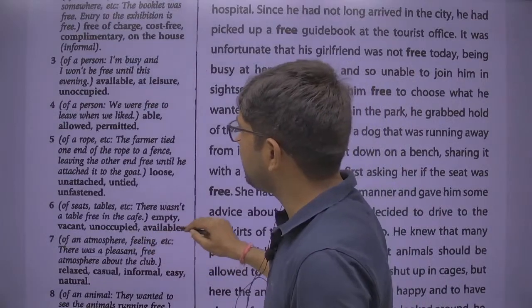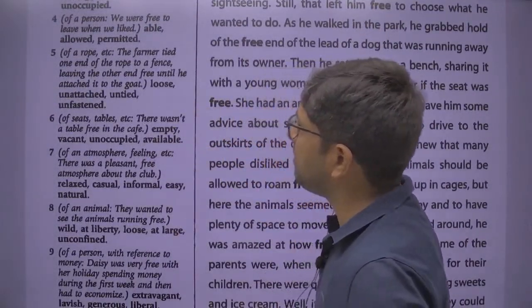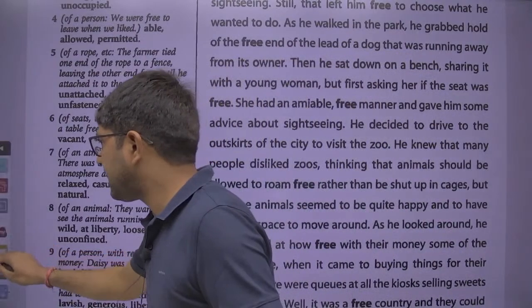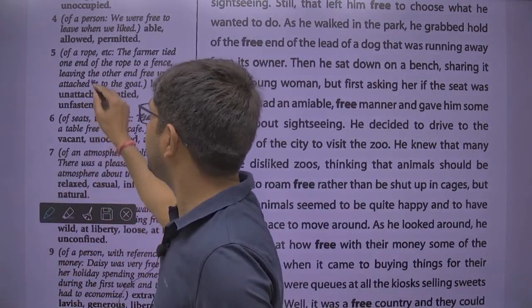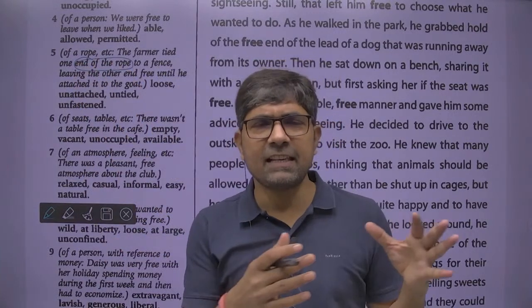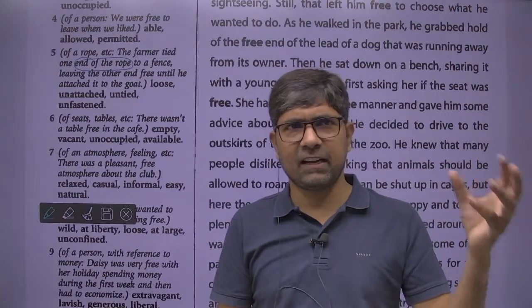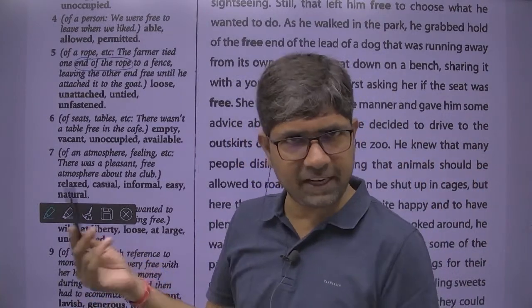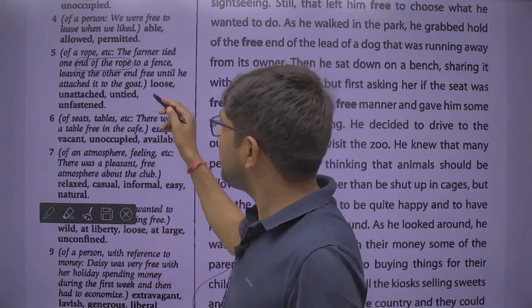Then we have, if there is a rope, the farmer tied one end of the rope to a fence. If you are tied, it is tied or it is free? End of the rope. This end of the rope is free, यानी रस्सी का ये वाला जो हिस्सा या सिरा है, that is free. It means it is not tied.